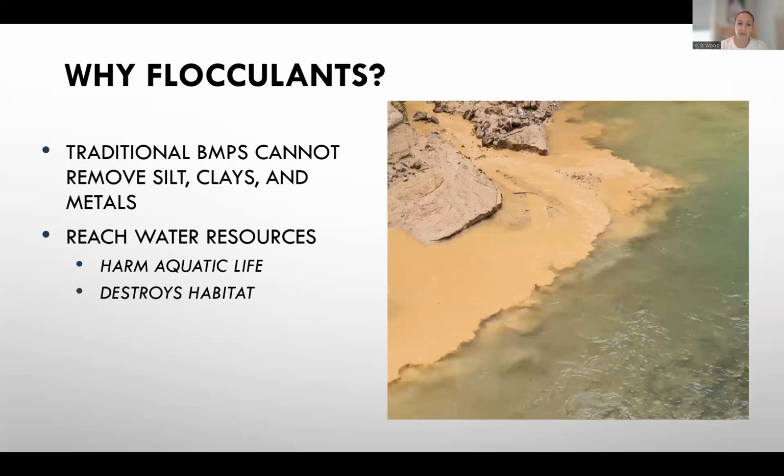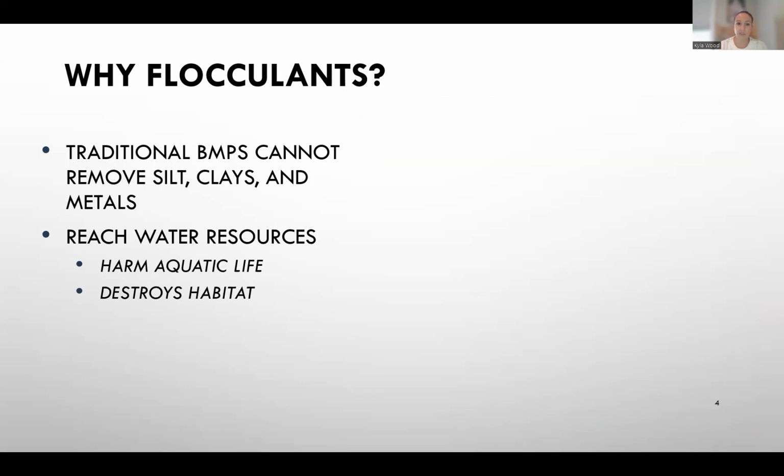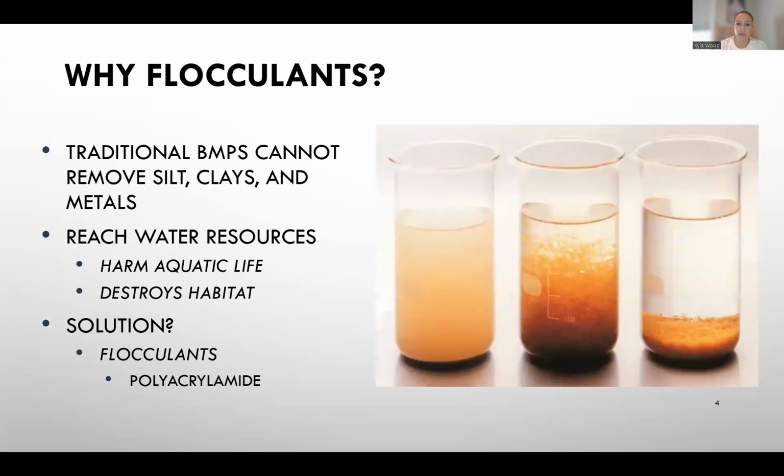Those sediments can transport pollutants and nutrients, and those eventually reach our water resources if we can't stop them and keep them in our disturbed areas. Those can have quite a few consequences. And of course, in addition, we have consequences of project delays and fines. So our solution is to use flocculants like polyacrylamides to enhance the existing BMPs and solutions that we currently use in our projects.